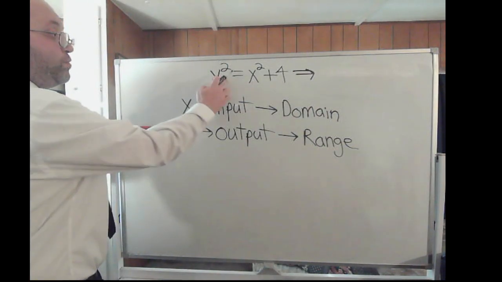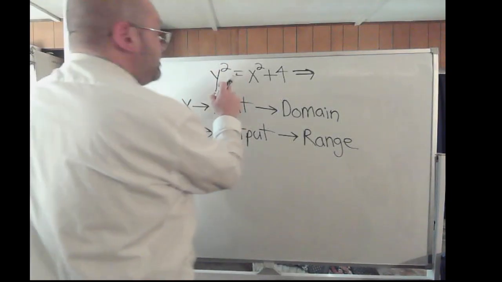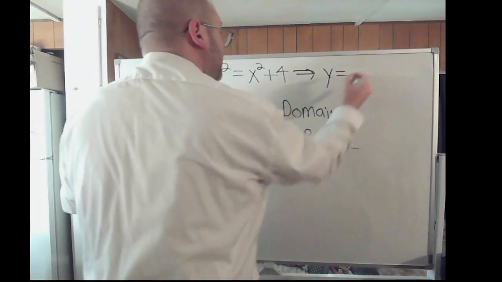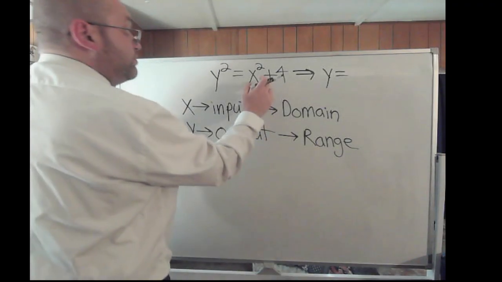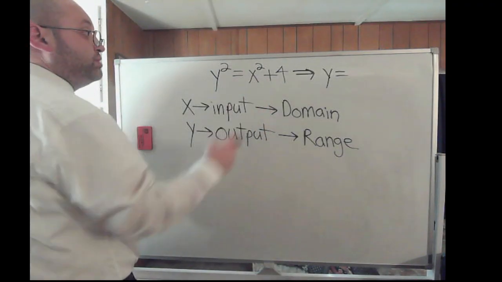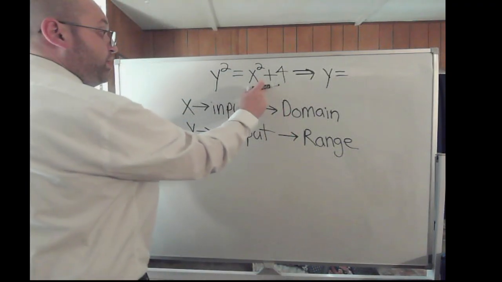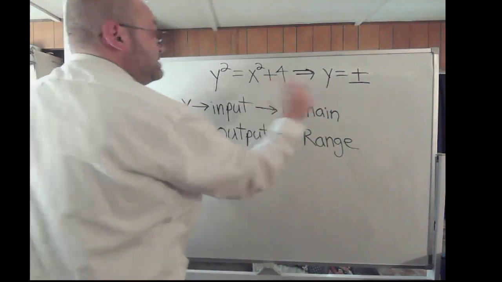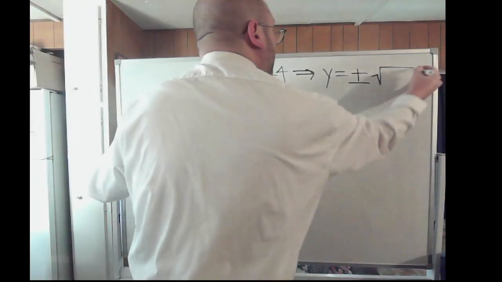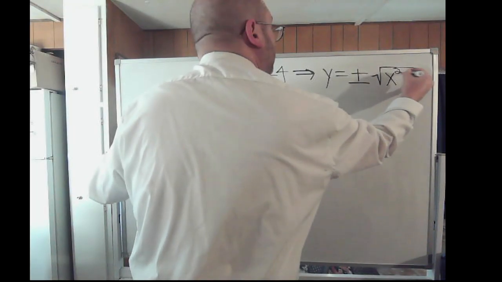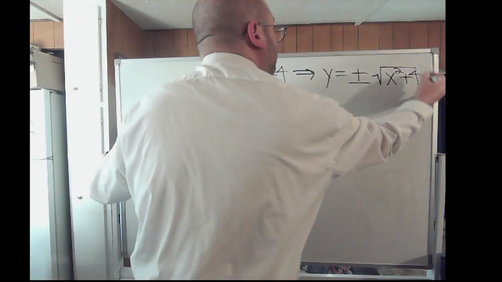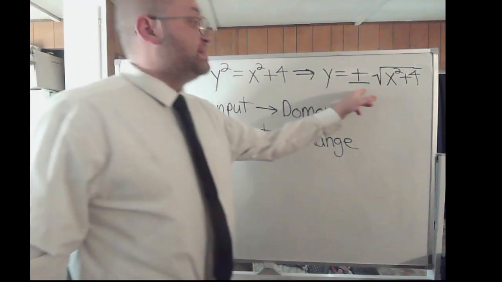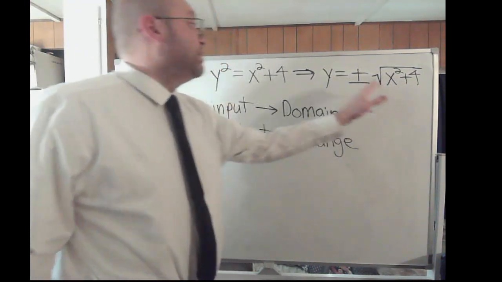In order to find y, which we want, we have to take the square root of both sides. Take the square root of y squared, you just get y. But you have to do it to the right-hand side too, x squared plus 4. But remember, when you take a square root, you actually have plus or minus the square root of x squared plus 4. So y equals plus and minus the square root of x squared plus 4.